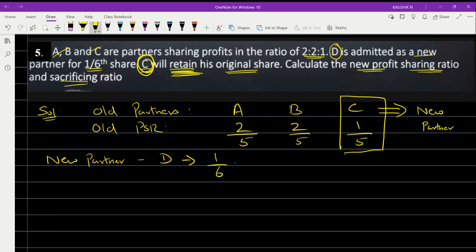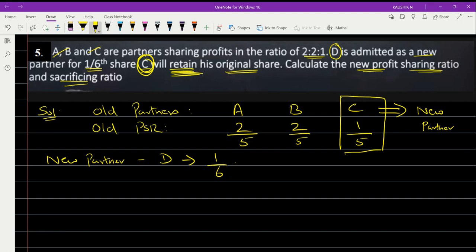But here we have to be very careful. The reason is that these two partners, A and B, will now be sharing it in the equal proportion, 1:1 ratio. Do you understand? Once C has taken away his share, A and B will have the old ratio as 1 is to 1. In that only you have to calculate it.